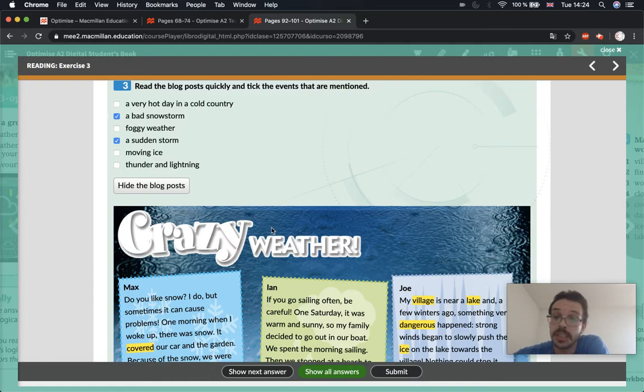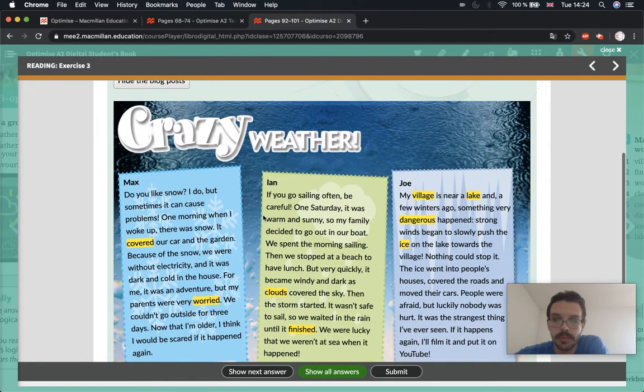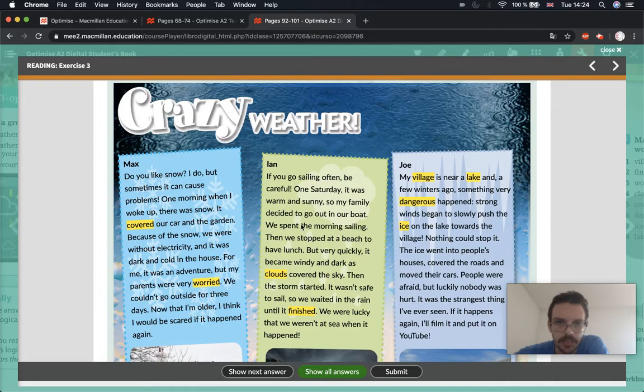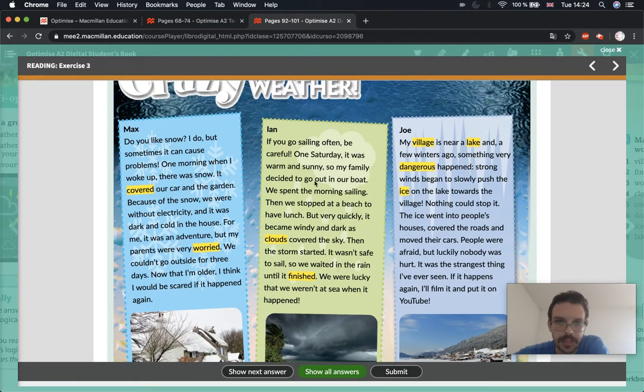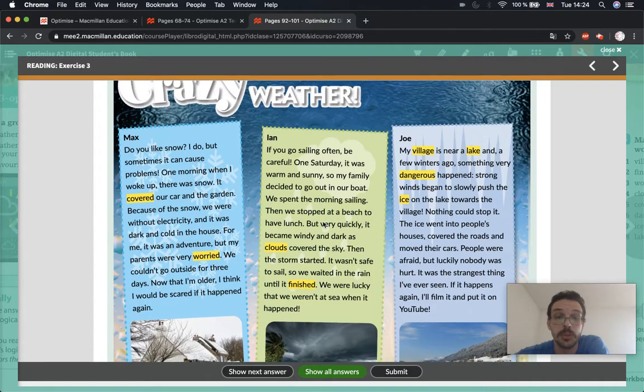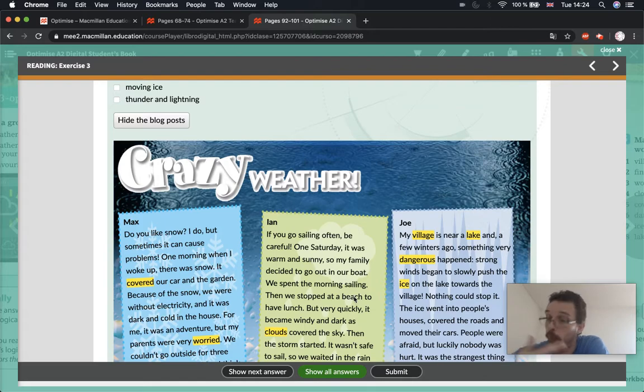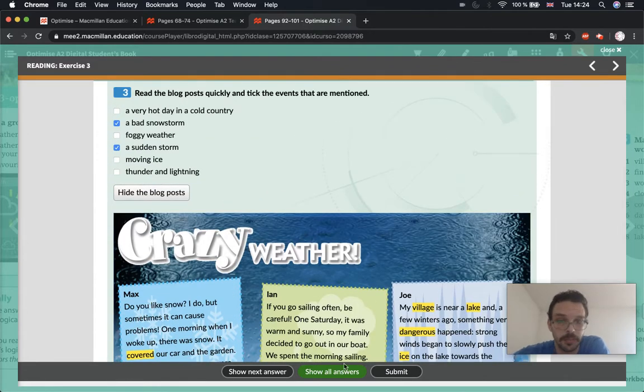Now, sudden means de repente, right? Out of nowhere. A sudden storm. So we mentioned here, you see, very quickly, it became windy and dark as clouds covered the sky. Then the storm started, right? So it was very quick, so it's a sudden storm.